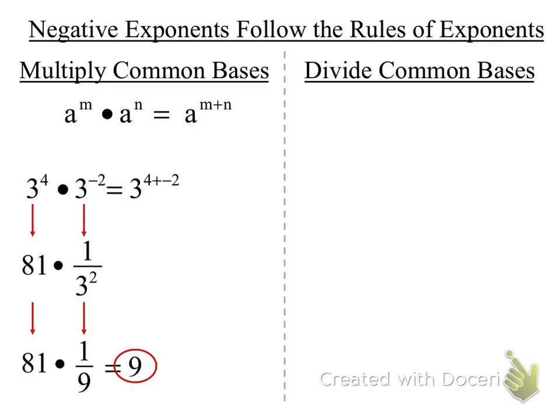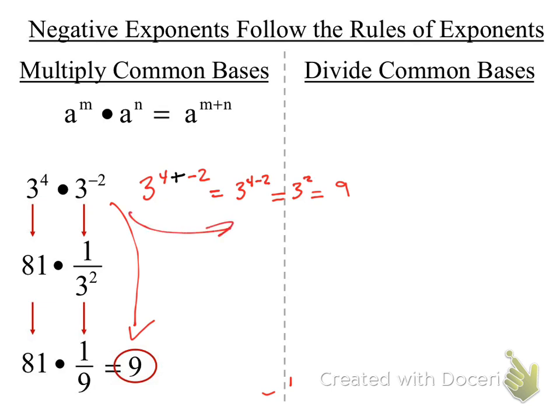So, in this case, it's 3 to the 4th power plus negative 2. Now, my integer rule says a positive times a negative is what? Negative. So it's 3 to the 4 minus 2, which equals 3 to the 2, which is 9. Do you understand? So it doesn't matter which way you do it. You can reciprocate it like this, or you can use your integer rules.